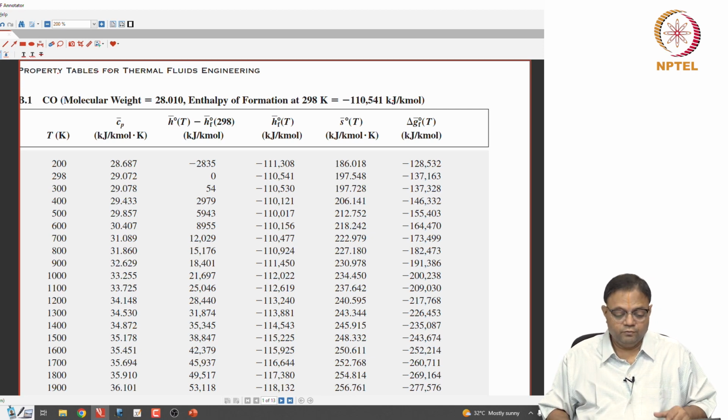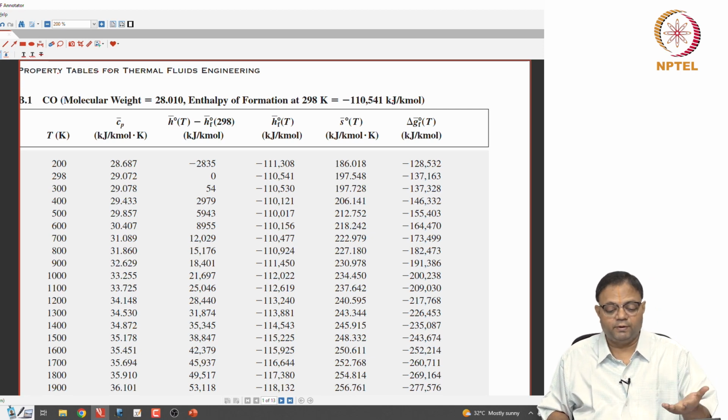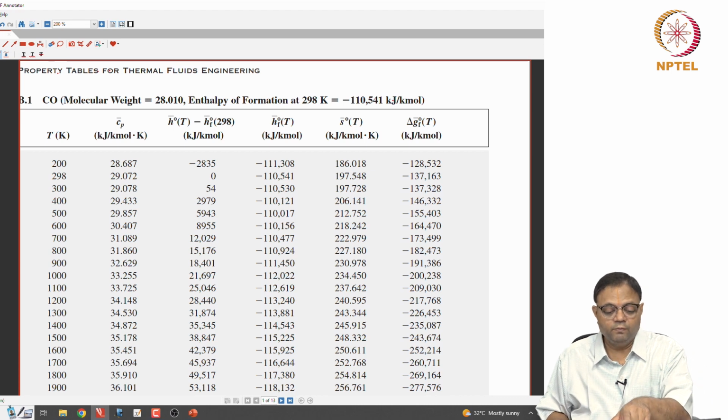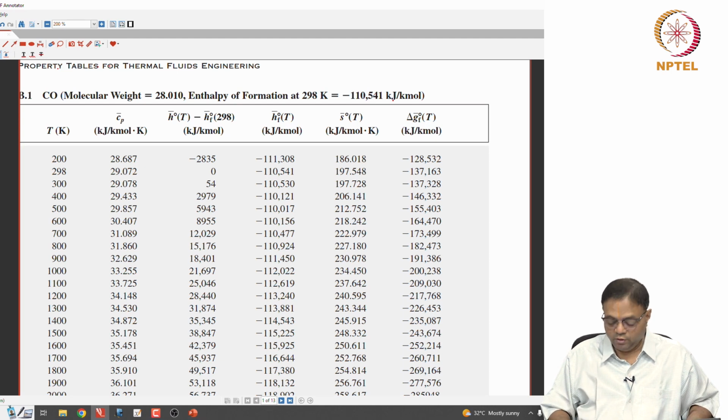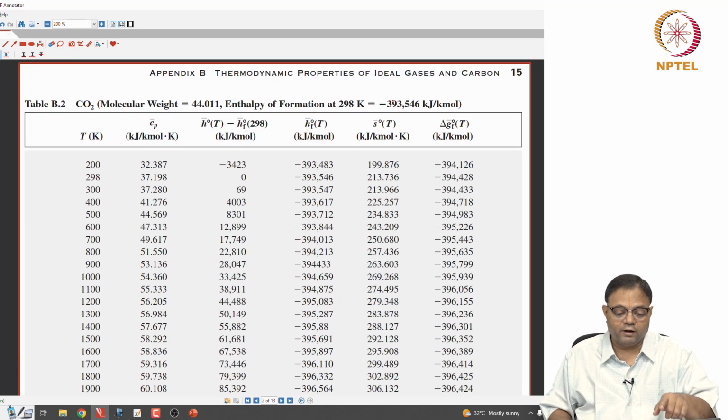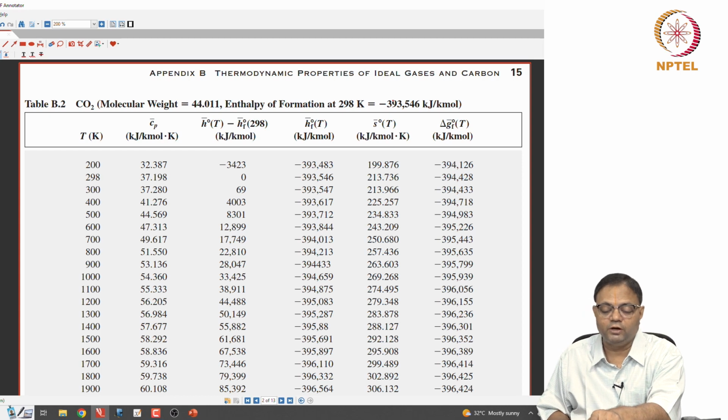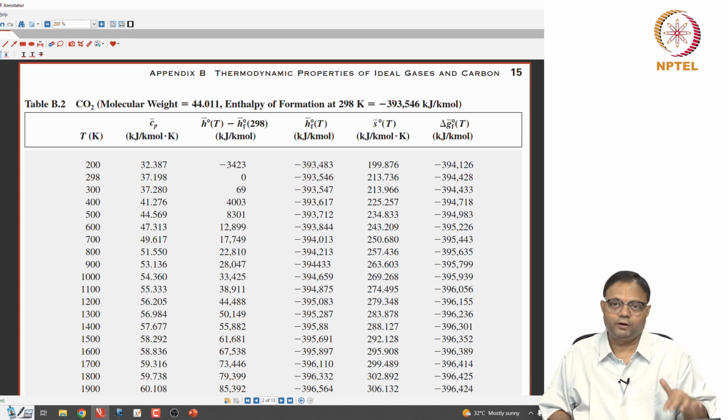Similarly, if you want the enthalpy at different temperatures, that is also given. For example, the sensible enthalpy, the enthalpy minus the enthalpy of formation, is also listed here. For 298, it is 0. Say for 1000 Kelvin, I can take the value. So this is the typical tabulation which we can get from several textbooks and reference materials. So this is for CO. Similarly, if we go down, for CO2 the enthalpy of formation is given as minus 393,546 kilojoule per kilomole.